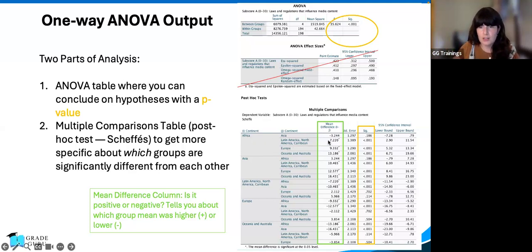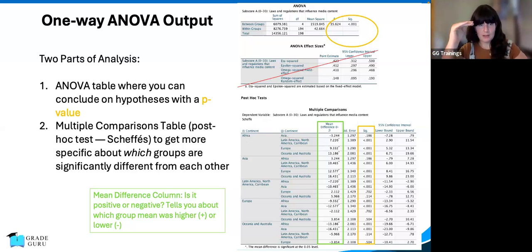So it's positive, that means Africa has the higher average. Significantly higher average. If it's negative, let's say for the one above it, negative 3.244, even though it's insignificant, whatever, it's negative, that means that Africa has a lower average when compared to Asia. So that's how you interpret.